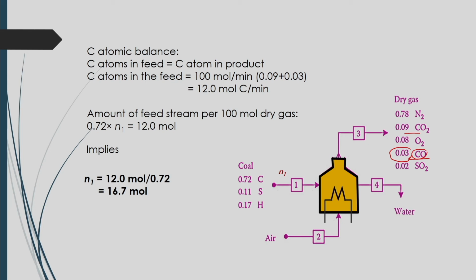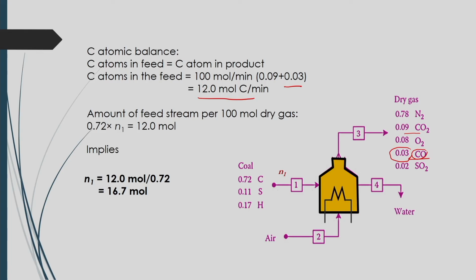So we can simply say that the total amount of carbon will be equal to 100 into 0.09 plus 0.03. So it will be 12 mole of carbon per minute.